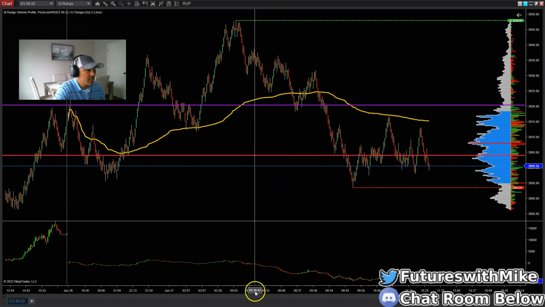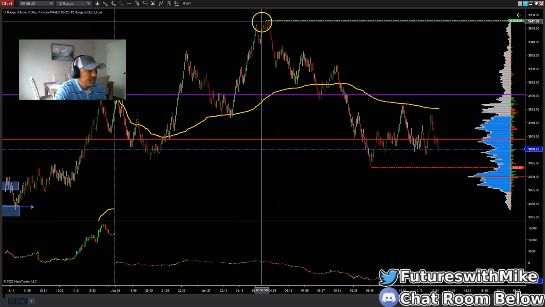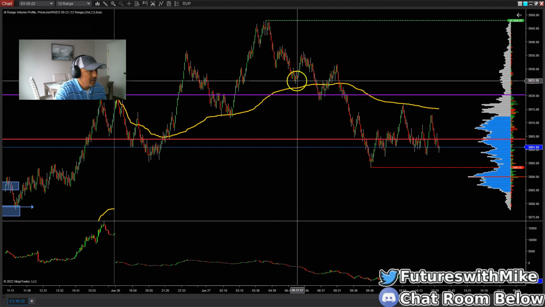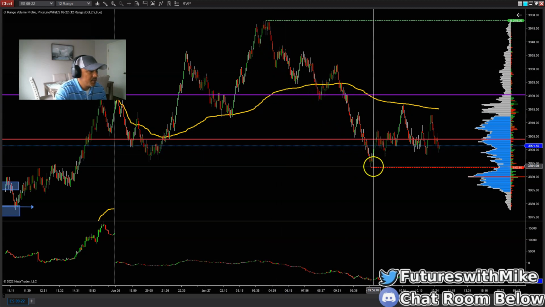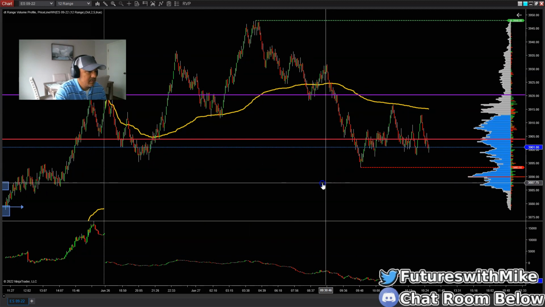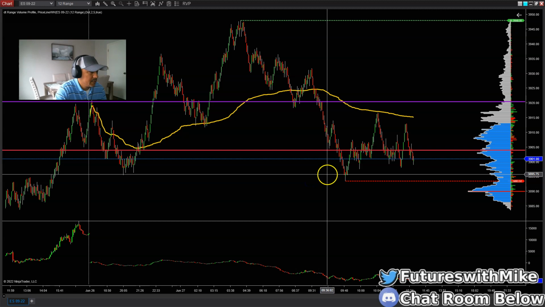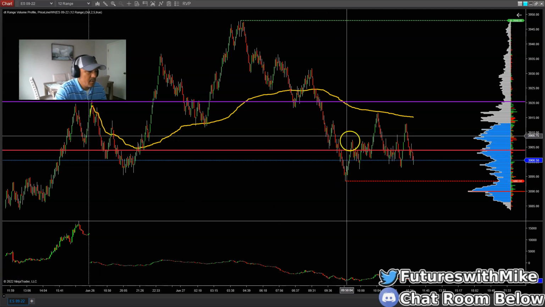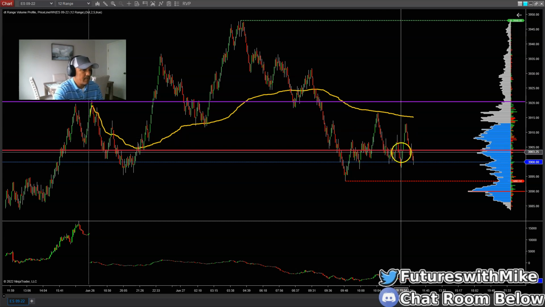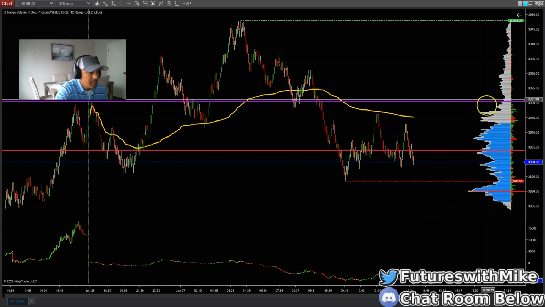If you look at the 12 range, price has turned around and started breaking structure to the downside. It started making lower lows and lower highs, breaking through areas of support on the way down and taking out structure to the left. Let's see what happens. Right now we're moving sideways as we speak. You can see the market chopping around, building volume in this area.